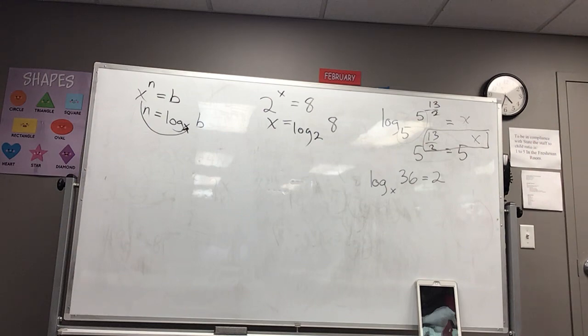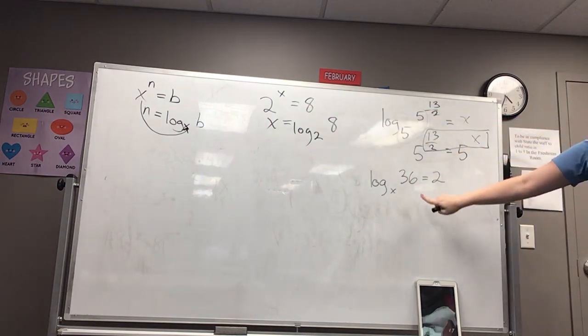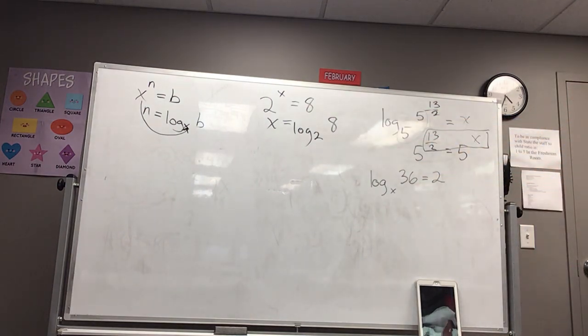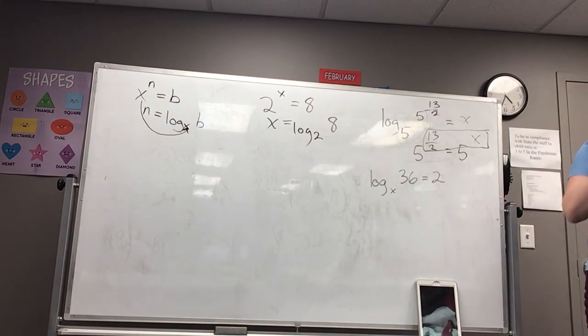Using that rewrite between log and exponent, can you rewrite this as an exponent problem rather than a log problem? Can you change the writing style? Again, this is read as log base x of 36 equals 2.